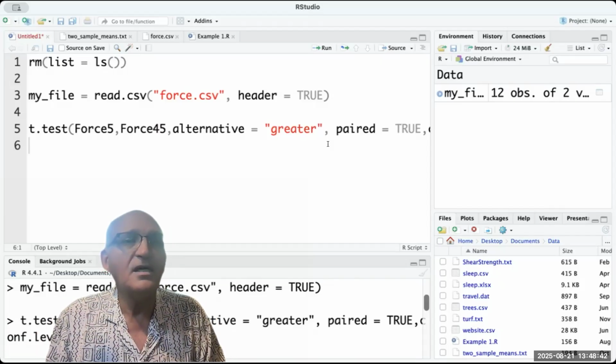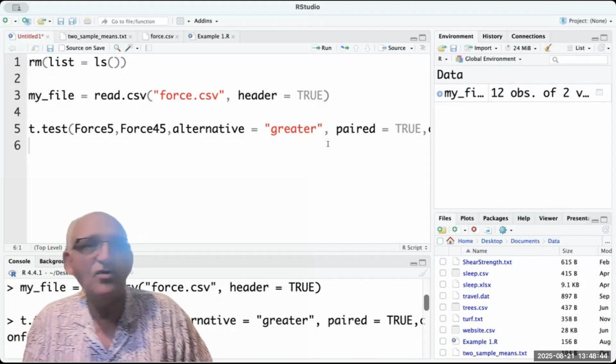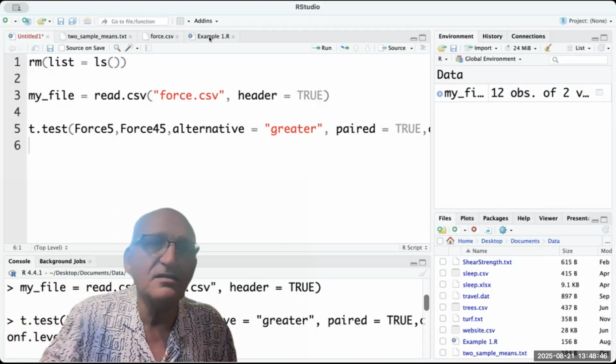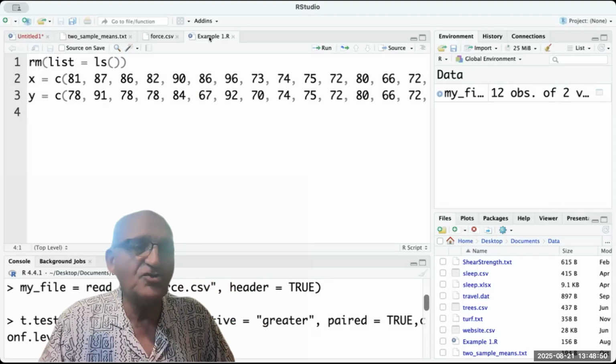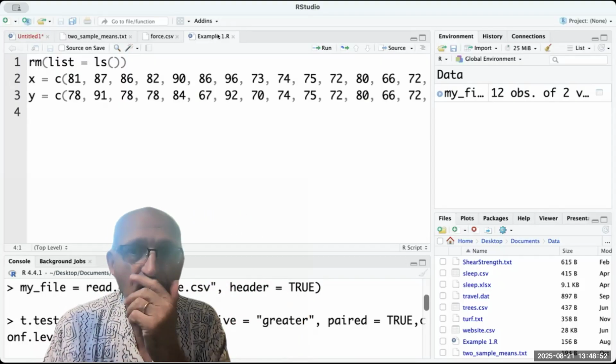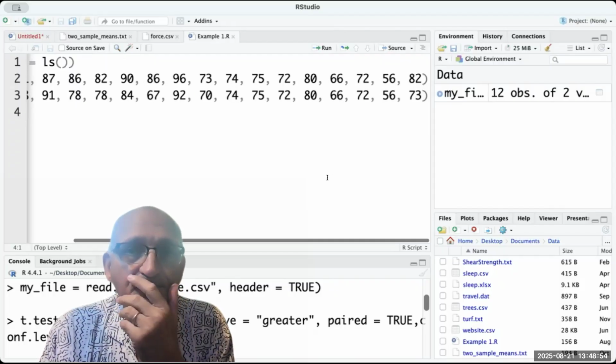Okay, the last one I wanted to go over is an example where I already entered the data for you. So the data, we are not reading it, it's already there.